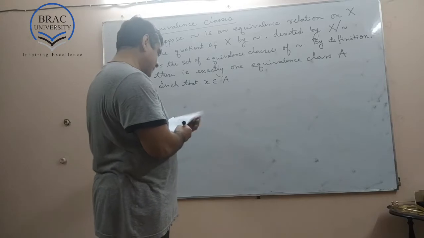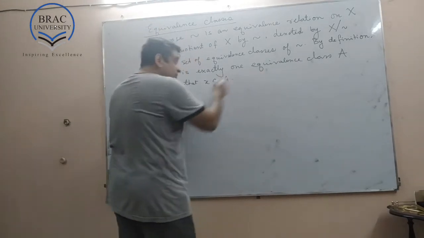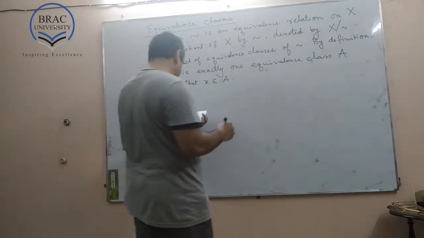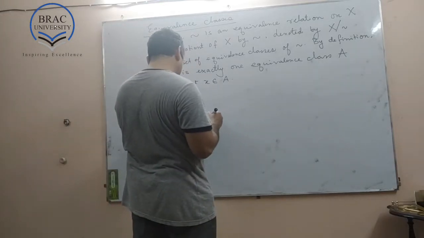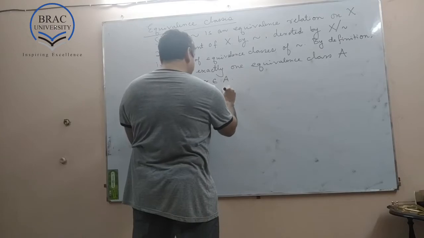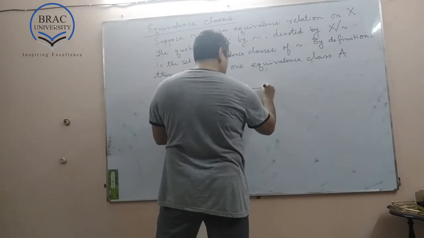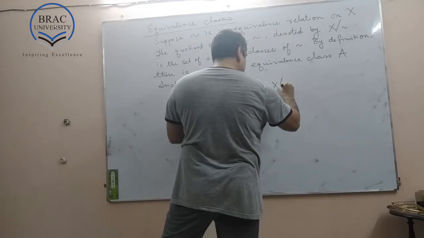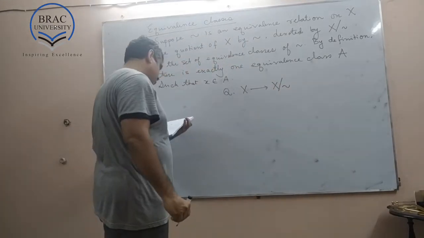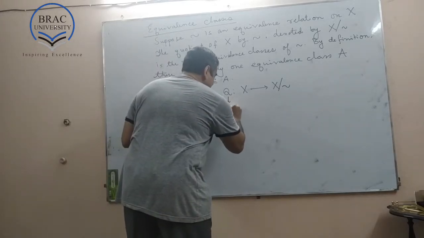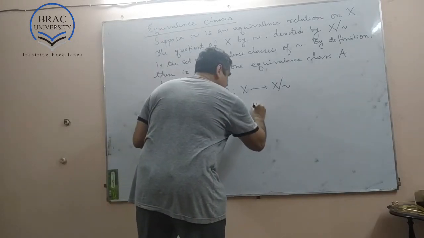Alright. So since this is the situation, we have a well-defined function from the set to the quotient set, called the quotient function.